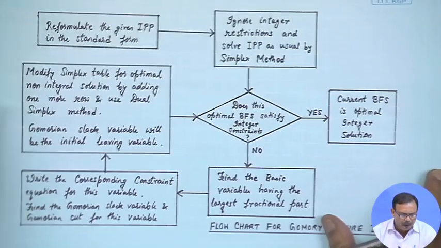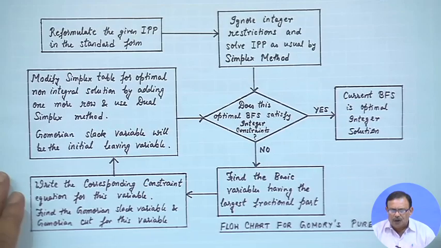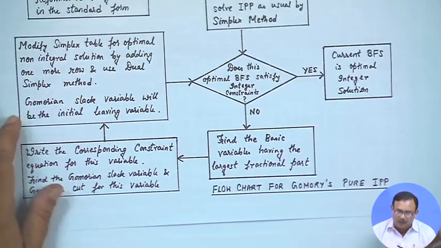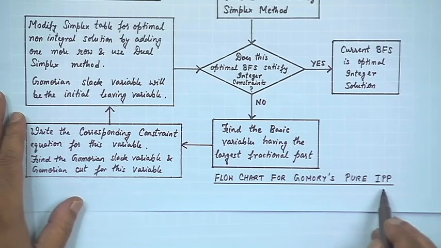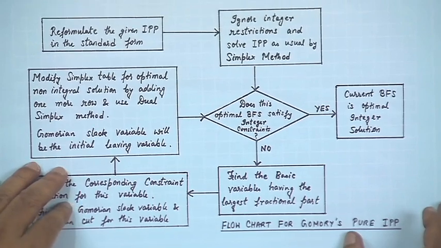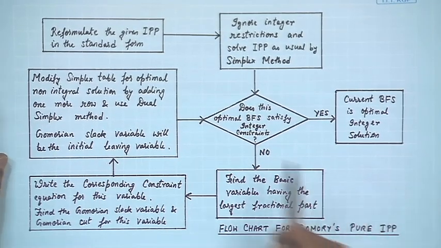Now, let us see the flowchart for Gomori's pure IPP. So, come to the first one, because this is coming through the entire thing. You are starting over here.